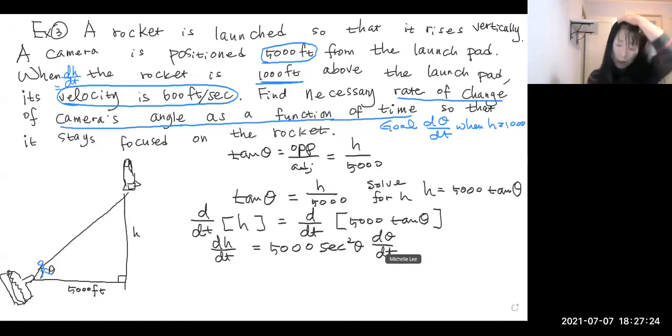Okay. All right. So we know what dh over dt is. Okay. Now, our goal is finding d theta over dt, right? But then we need to find what the secant squared theta is, right?